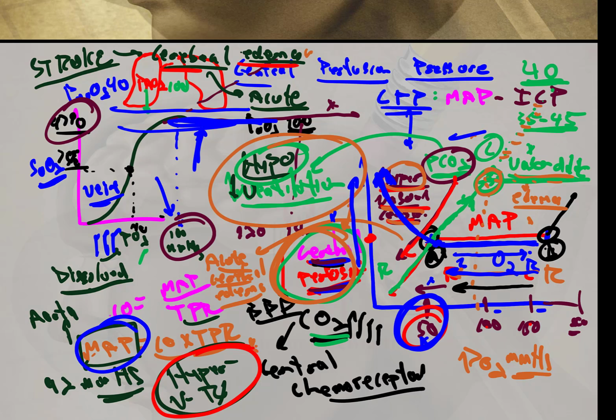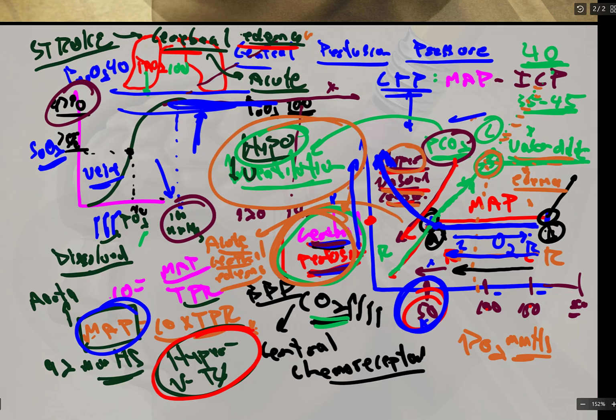The last little bit that I need to bring to your attention is something called Cushing reflex. Now, what Cushing reflex means is that it begins with your patient having an increase in intracranial pressure.